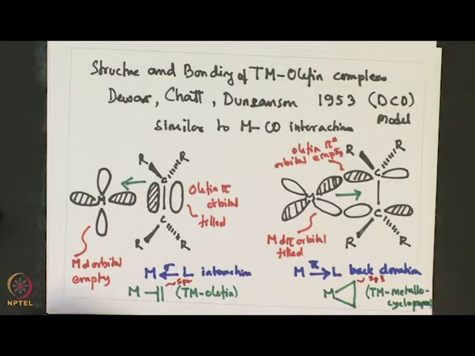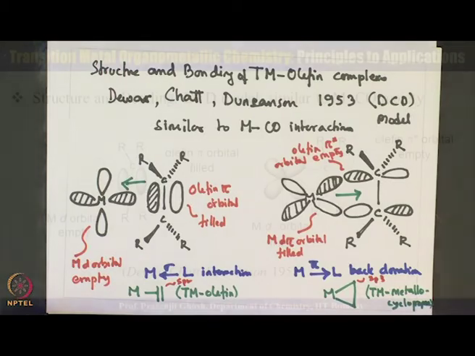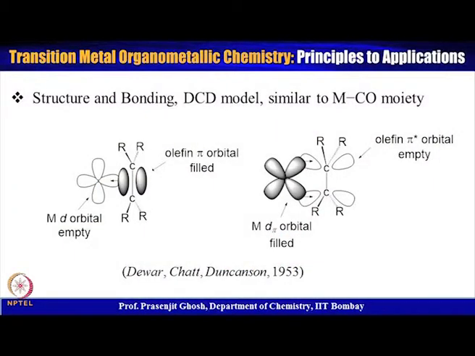So, that bears a spectroscopic signature, which can be characterized accordingly, and some information as to what extent this forward donation or back donation occurs in a transition metal olefin complex can be obtained not only by NMR, but also by other characterization techniques, and we are going to dwell more on it as we come to discuss the reactivity pattern of transition metal olefin complexes based on this interplay of these two kinds of interactions.